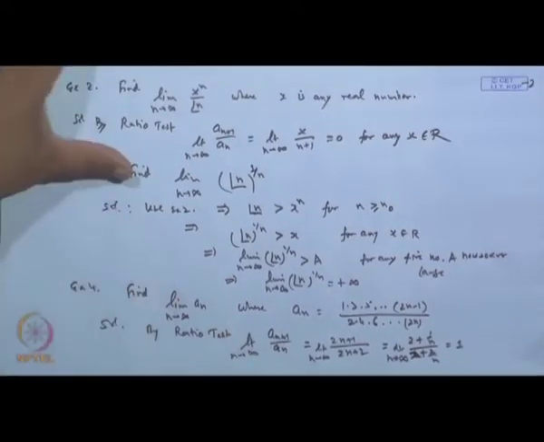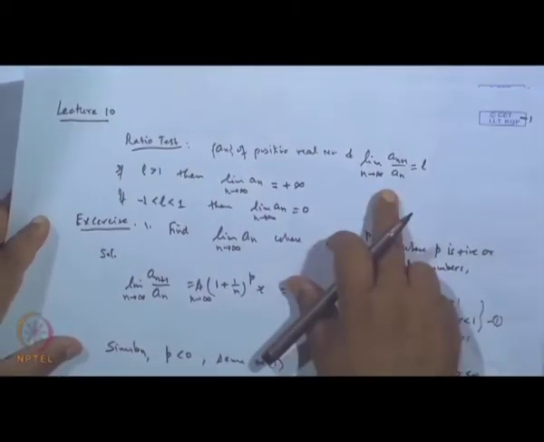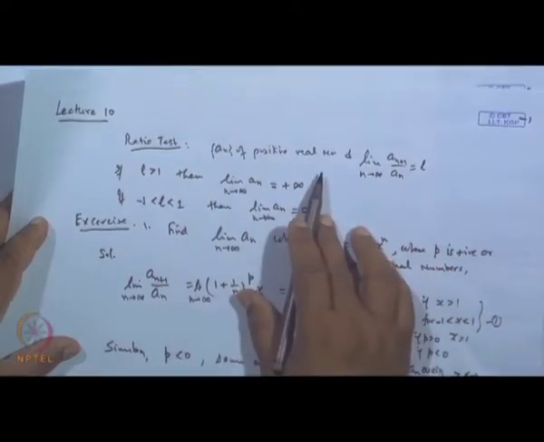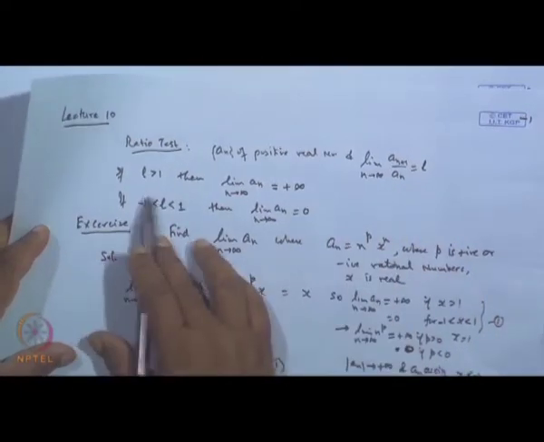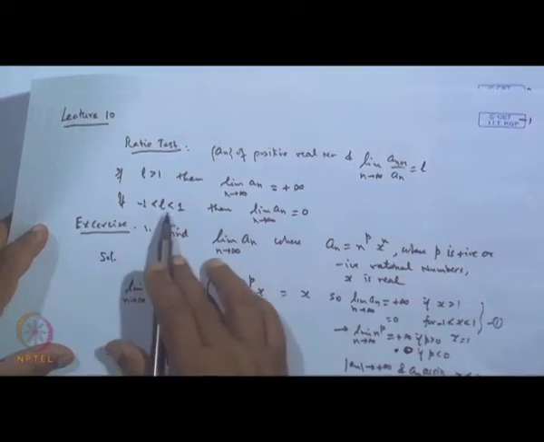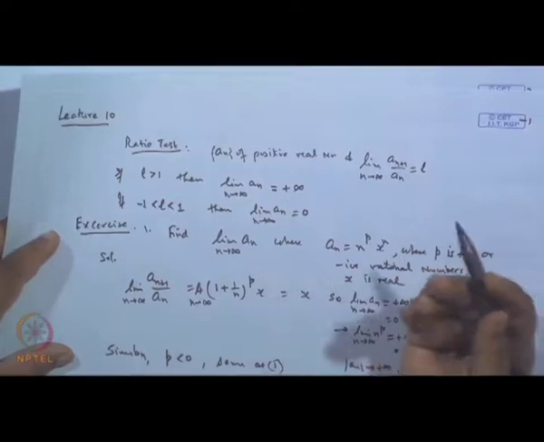Now, what does the ratio test say? The ratio test says that when a n is a sequence of positive numbers such that limit a n plus 1 over a n is L: when L is greater than 1, the limit will be plus infinity. When L lies between minus 1 and 1, the limit is 0. But it does not say anything about L equal to 1.